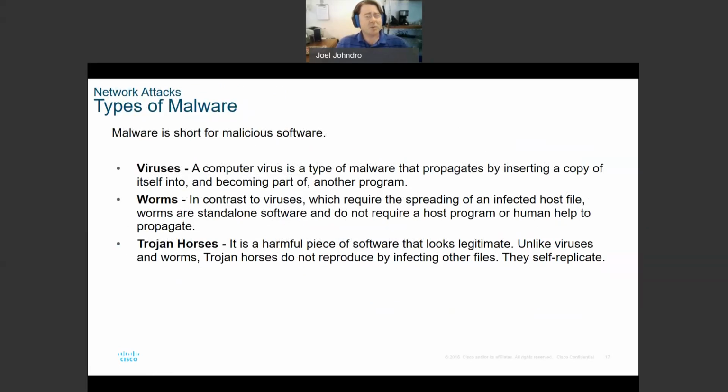The main difference between a virus and a worm is that worms can easily travel across the network, whereas viruses typically need the interaction of a user in order to spread from one computer to another. Trojans self-replicate when executed by a user, and they're designed to mimic a legitimate program.